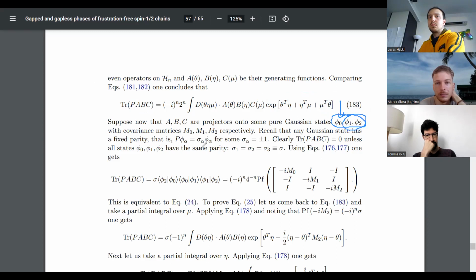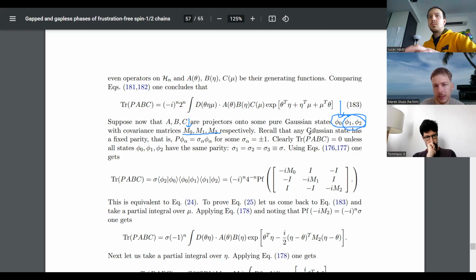So, okay, let's continue reading. The notation will be, there will be three different covariance matrices. This M0 could be chosen to be the vacuum or some reference state. So this will be a fixed matrix M that will be used for this phase reference.